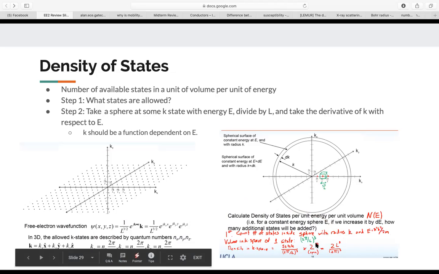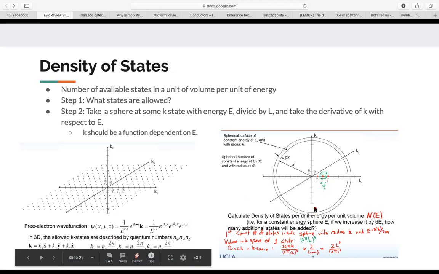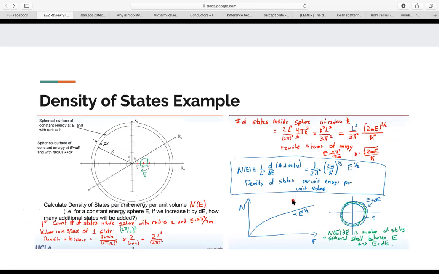So one state over (2 pi over L) cubed, times the spin, because you get up spin and down spin per k space, gives the density. Then to get the number of states inside a sphere of radius k, you multiply that by the volume of the sphere, 4 over 3 pi k cubed.